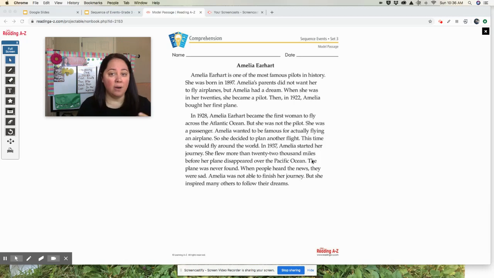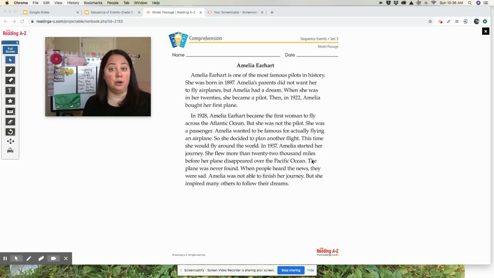But now, as we're shifting to reading a lot more informational texts, it is a different strategy to find the sequence of events in an article, or maybe if you're reading a big biography about somebody.